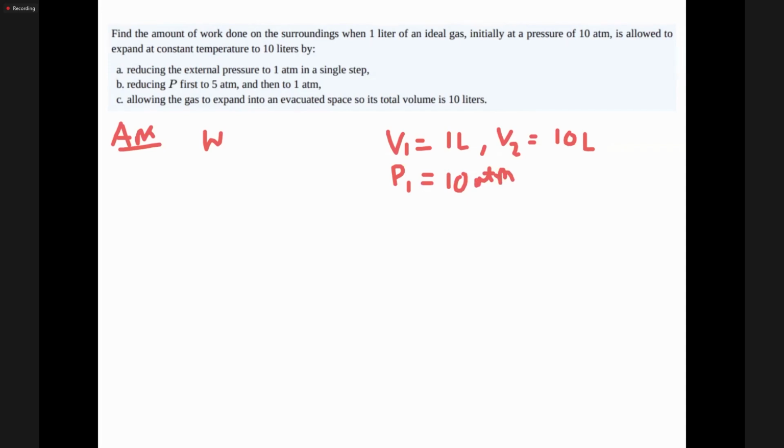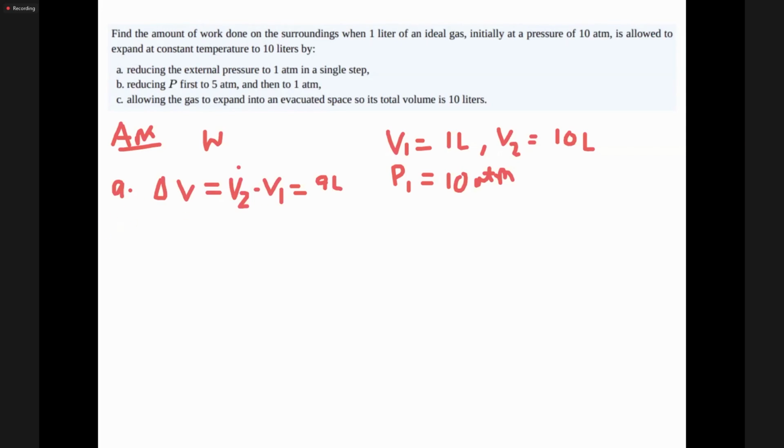So we will start solving with A. In this case, we will also deal with delta V. Now V2 is actually 10 liter. Now if we calculate delta V, which is V2 minus V1, so 10 minus 1 liter, which is 9 liters. So 9 liters is delta V.